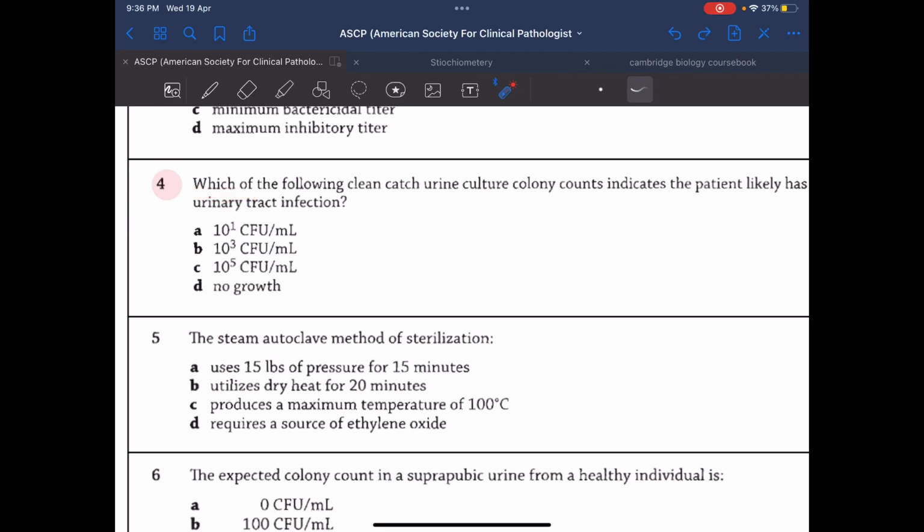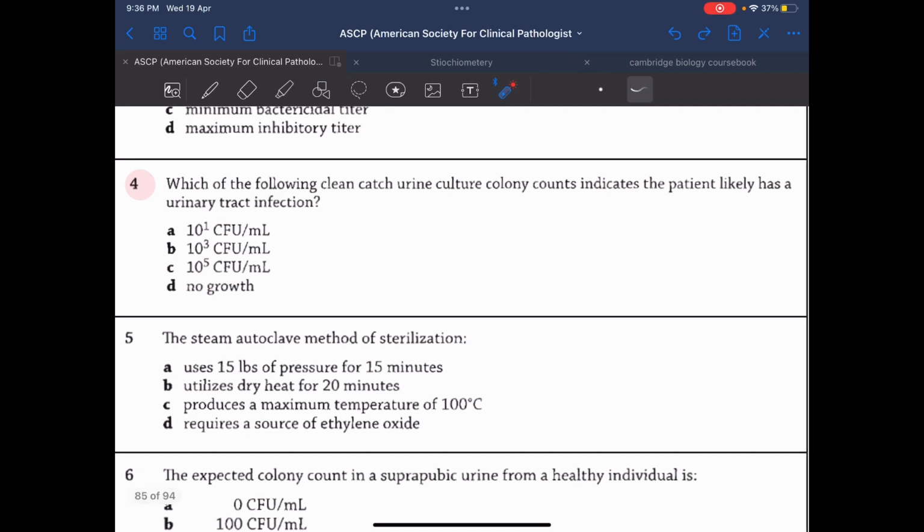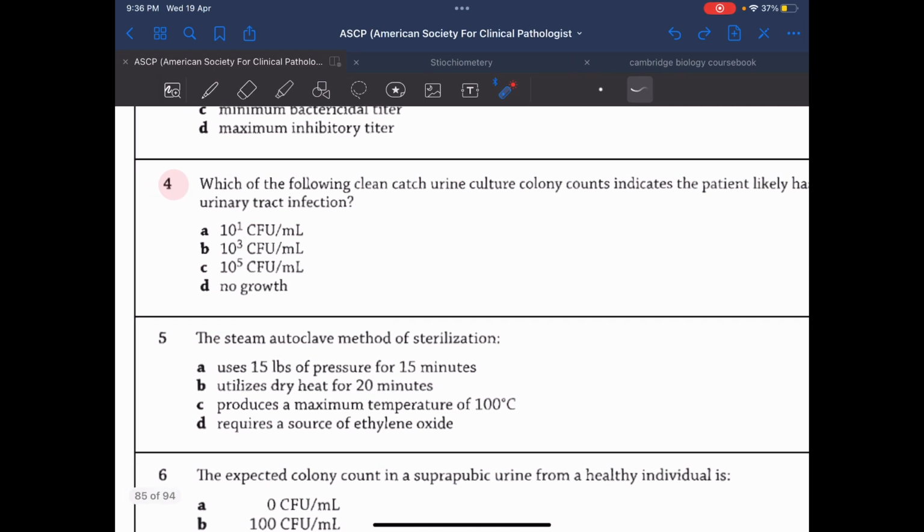Question number 4. Which of the following clean catch urine culture colony counts indicates the patient likely has a urinary tract infection? A. 10 colony forming units per ml, B. 10 to the power 3 colony forming units per ml, C. 10 to the power 5 colony forming units per ml, D. no growth. Patients with infection often have at least 100,000 bacteria per ml of urine.